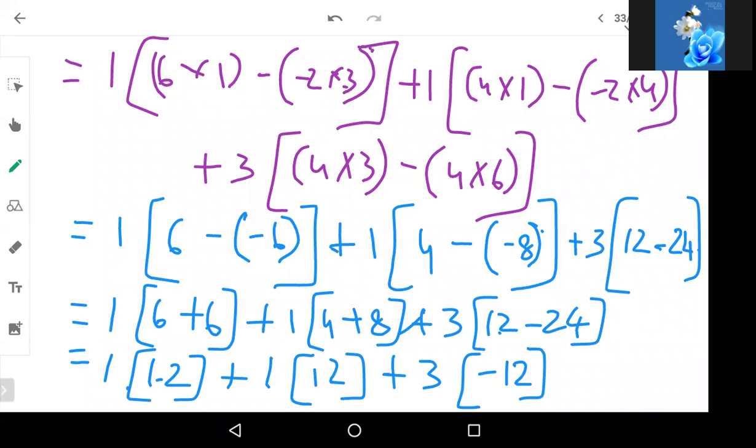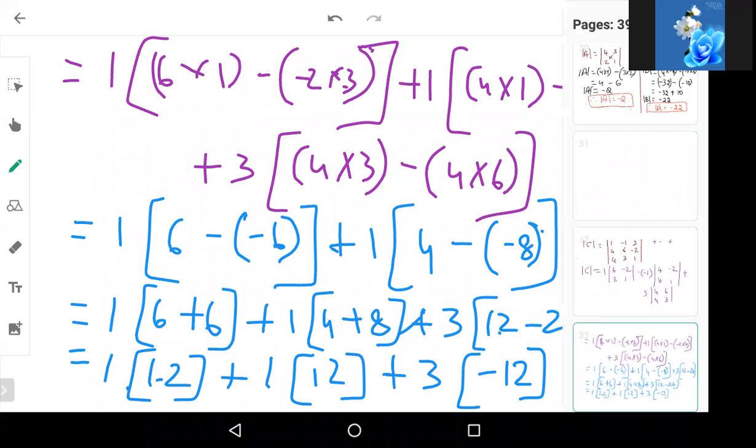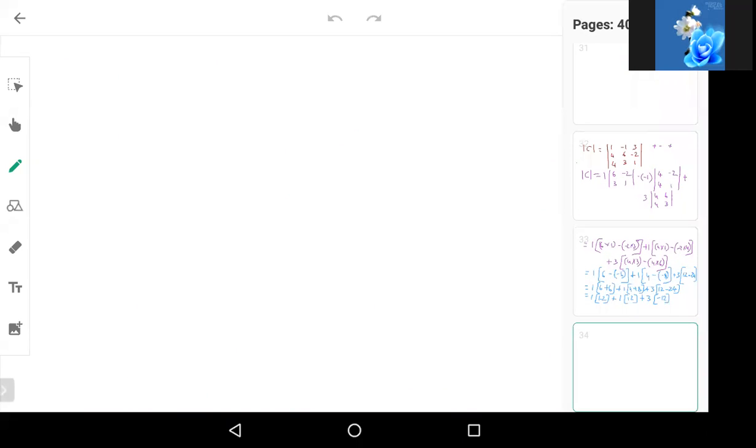Okay, now do the multiplication. 1 into 12 is 12. Then again 1 into 12 is 12, plus 3 into minus 12 is minus 36.